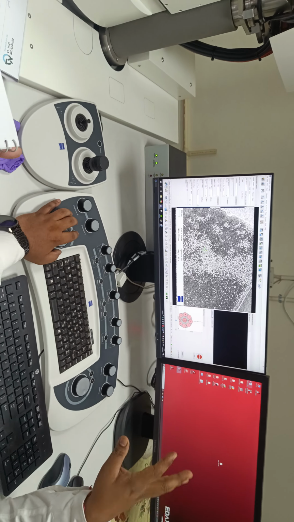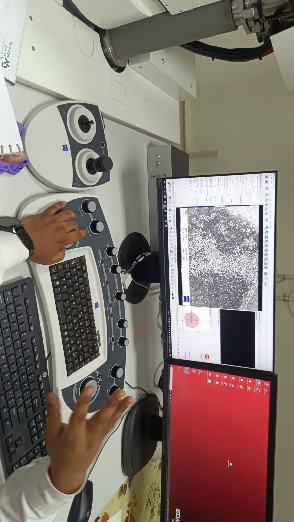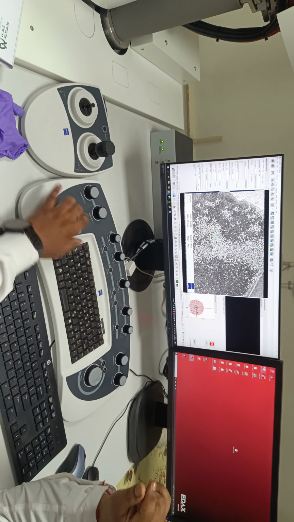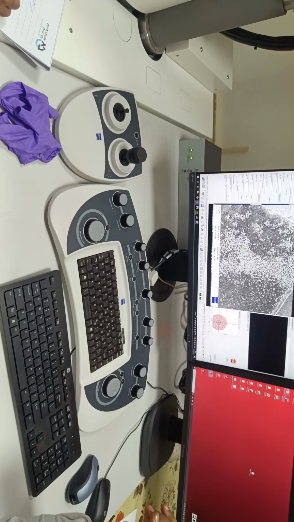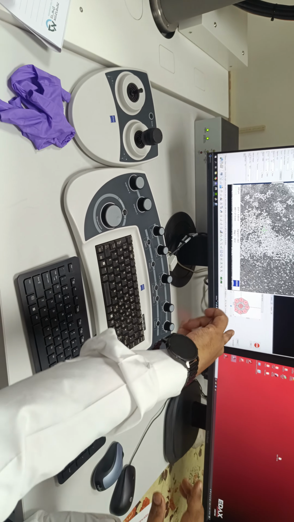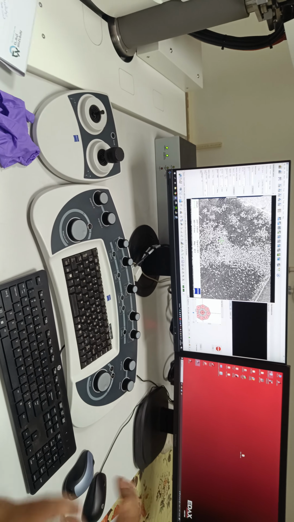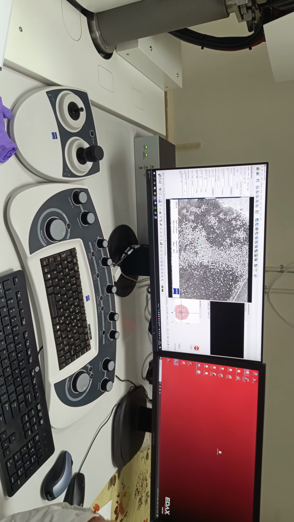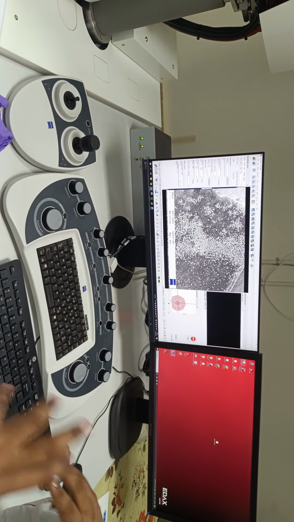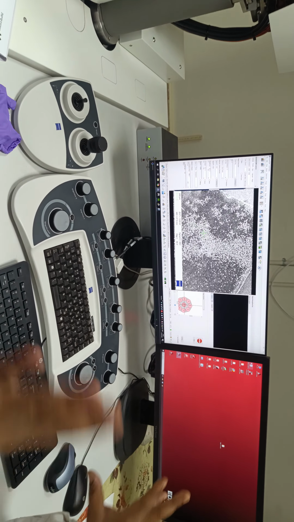These are samples prepared by Ron. If I show you the sample, with the naked eye you cannot see any particles there, but still you can see the level of agglomeration. What I am trying to say is that your sample preparation is critical. The more time you spend, the better the sample.